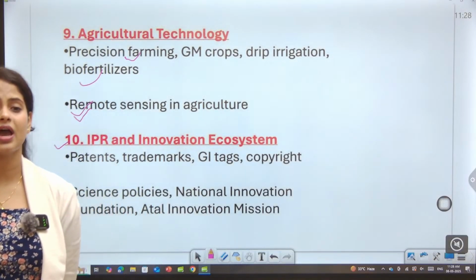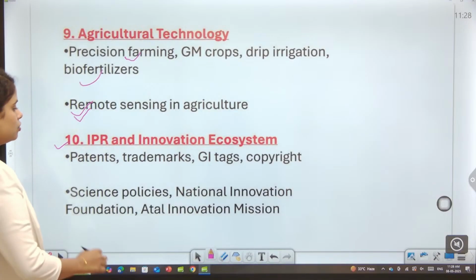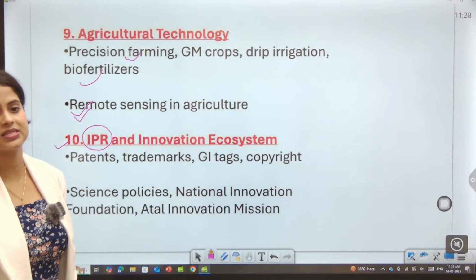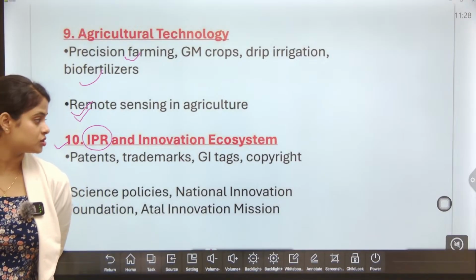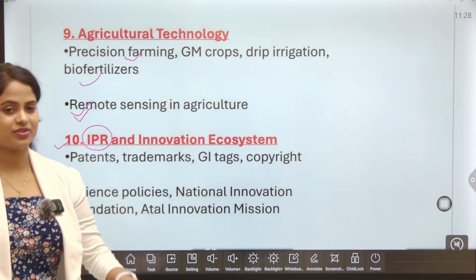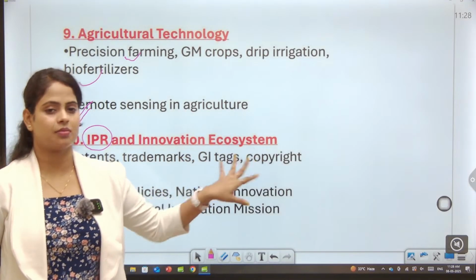So what is the IPR and innovation ecosystem? This is intellectual property rights. IPR stands for intellectual property rights. Okay. So see, the patents, not parents, sorry for the inconvenience. The patents, the trademarks, the GI tags, the copyright.